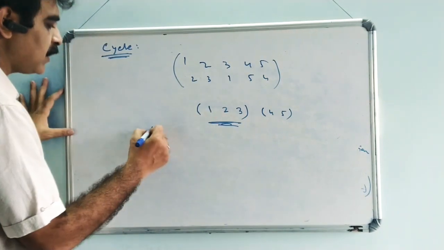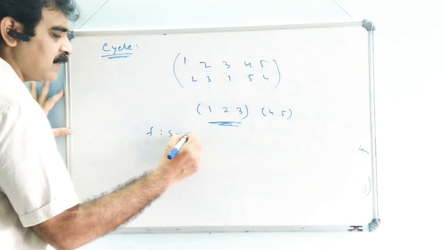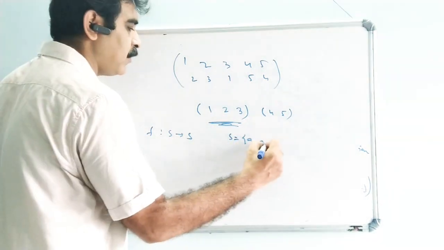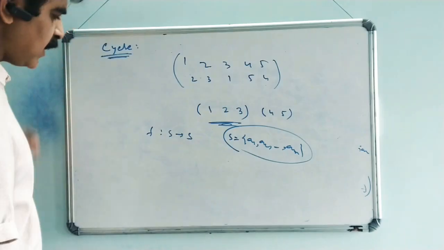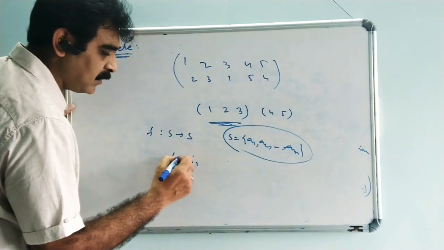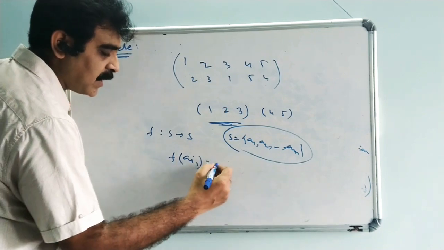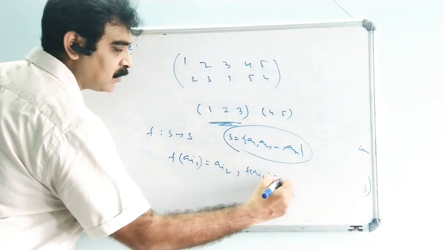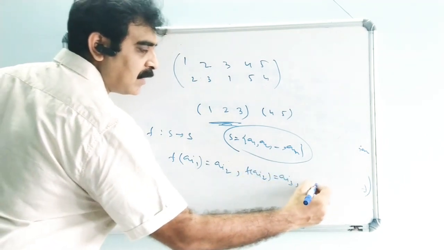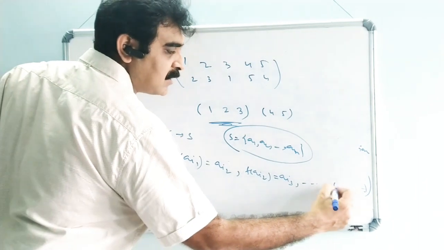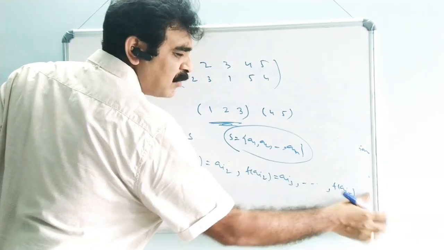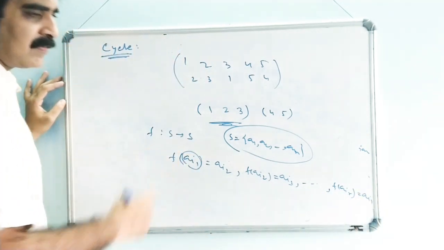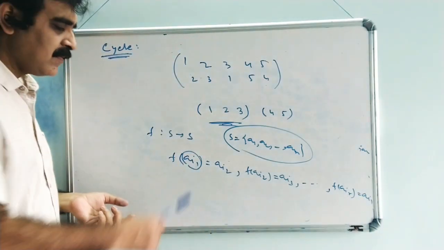So in general, how can we define a cycle for a general set S? Suppose S equals {A1, A2, ..., An}. If there is some element Ai1 and the image of Ai1 with respect to F is Ai2, the image of Ai2 is Ai3, the image of Ai3 is Ai4, and in this way the image of Air for some particular r is again the first element with which we started, that is Ai1.